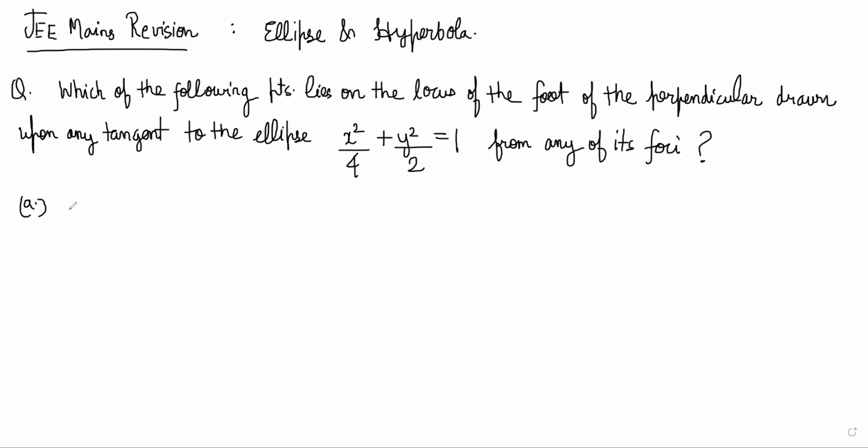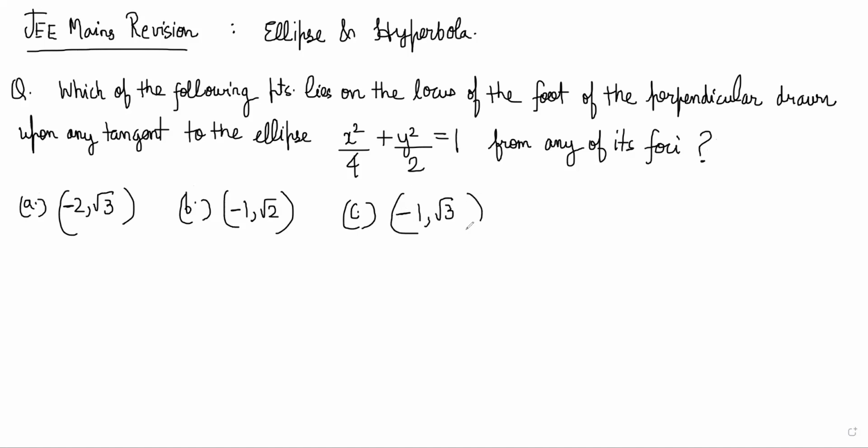And the options are: a) -2 comma root 3, b) -1 comma root 2, c) -1 comma root 3, d) 1 comma 2.